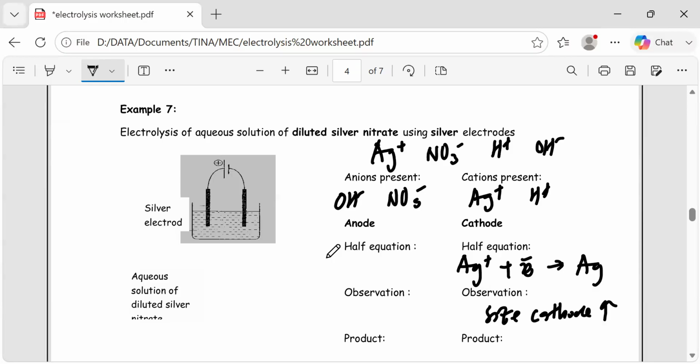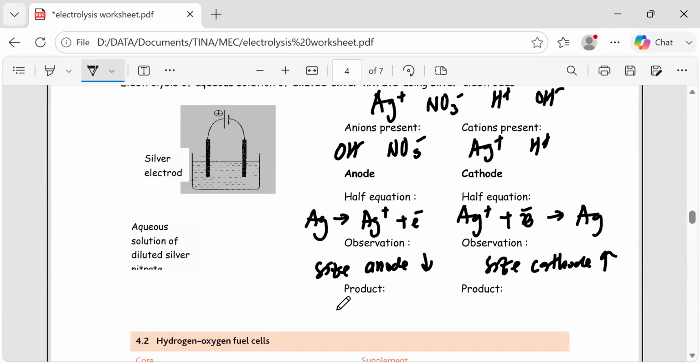And then the half equation here will be silver deciding to become silver ion, so the size of the anode decreases. Here the product is silver, and here the product is silver ion.